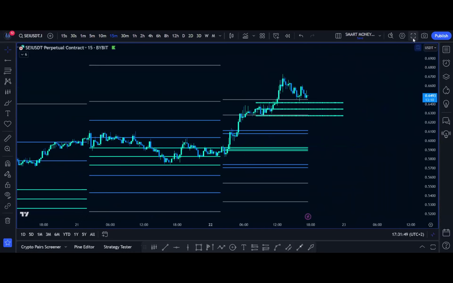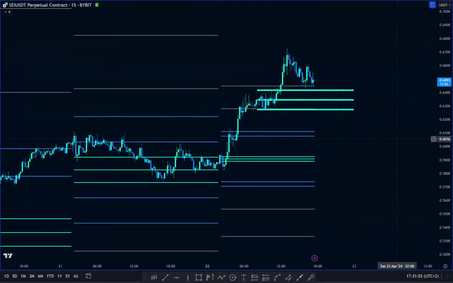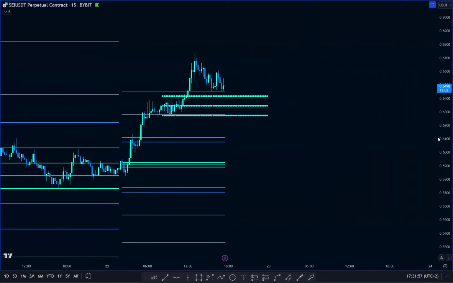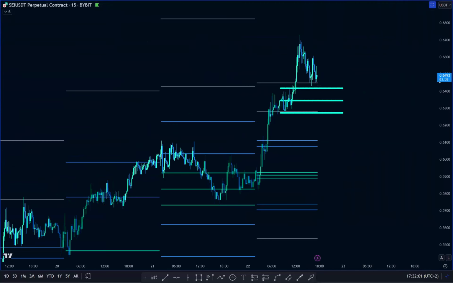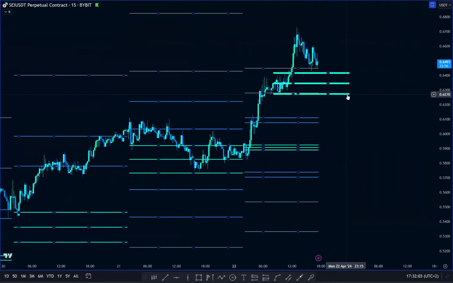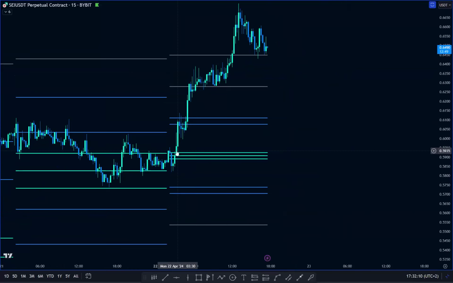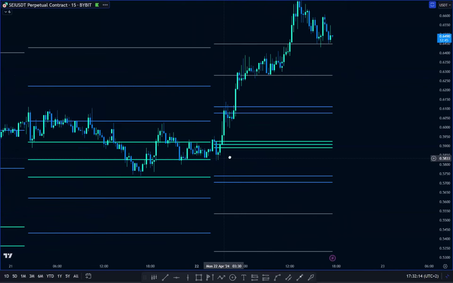Before I begin, guys, I want to show you the new features that I've added onto TrendX. A lot of people mentioned to me that the market opens and they always miss these good trades at the market open. I'm going to show you exactly what I'm talking about here. A lot of people are saying that when the market opens over here, they get the information too late and they actually end up missing it.